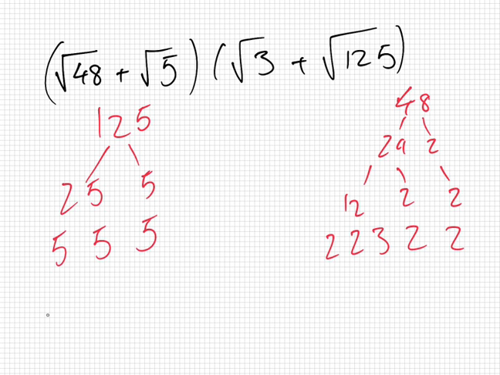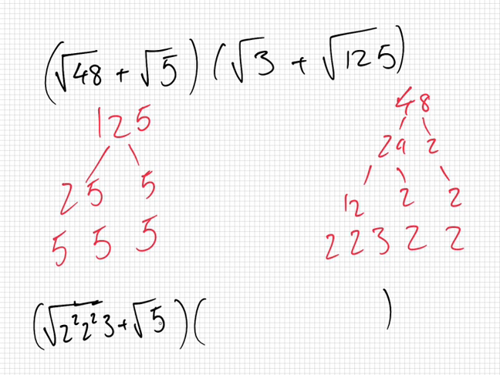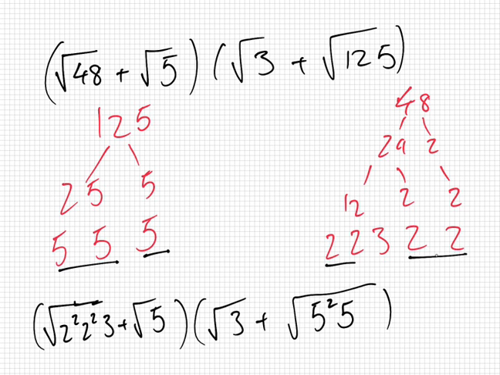Okay, so we have square root of 2 squared, 2 squared, 3, plus square root 5, and then square root 3 plus square root of 5 squared, 5. That's 1 pair and a 5, 1 pair, 1 pair, and a 3 for the first one.